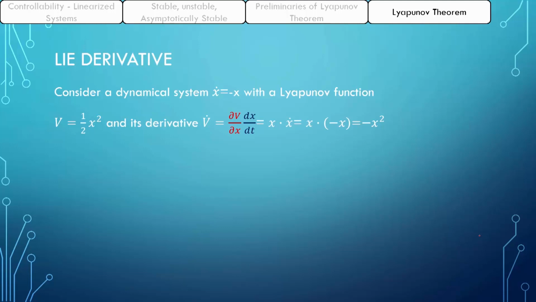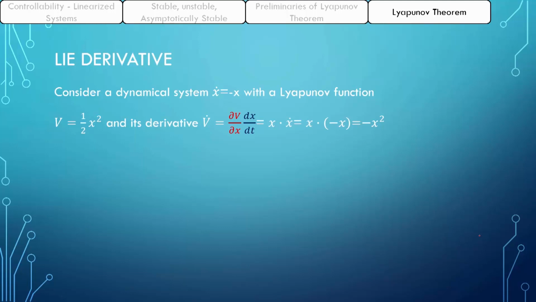Use the chain rule. On the right-hand side, the x dot here is the dynamics, so you can substitute minus x. And the gradient of v is x. So what you get is minus x squared.